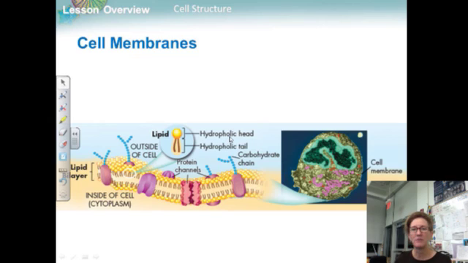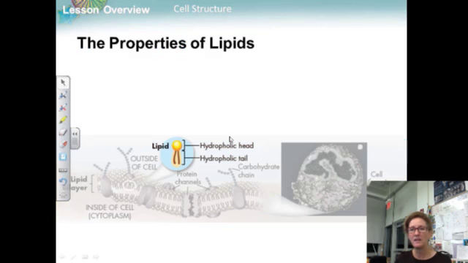So as we learned in chapter 2, many lipids have oily, fatty chains attached to chemical groups that interact strongly with water. The fatty acid portions of such a lipid are hydrophobic, water-hating, while the opposite end of the molecule is hydrophilic, water-loving.